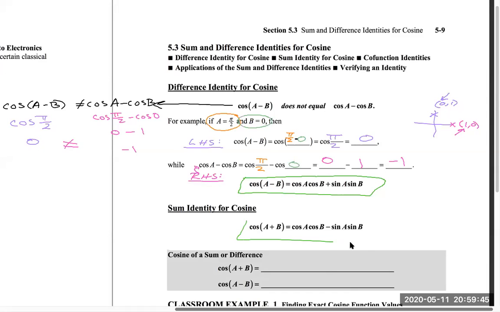The sum identity, cosine A plus B, is going to be cosine of A, cosine B minus sine A, sine B. Okay, so we can write this here if we want to, but I'm actually going to write it off to the side. Let me save this picture. I'm going to clear all this out.